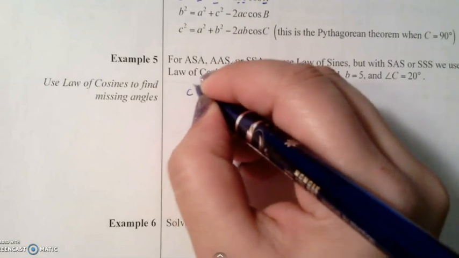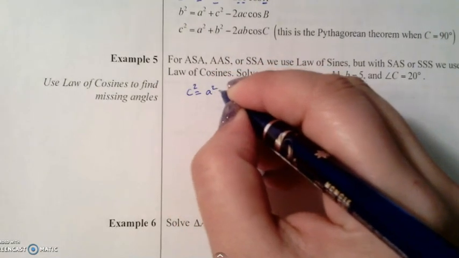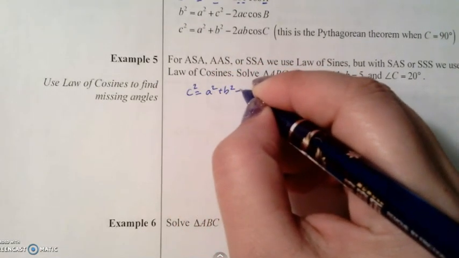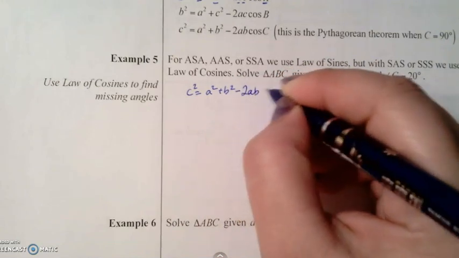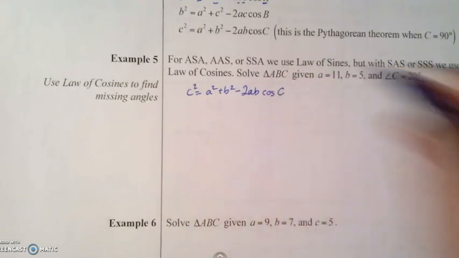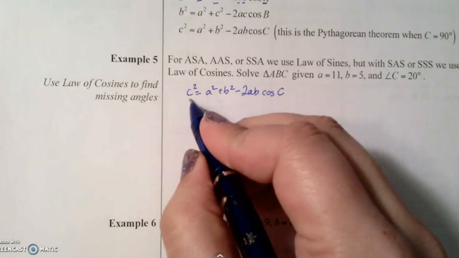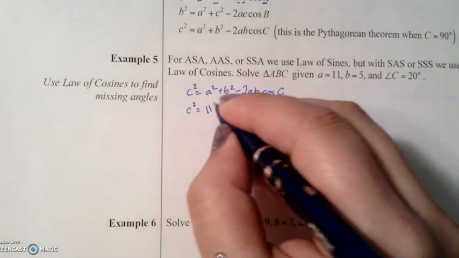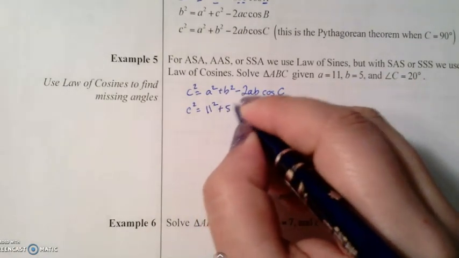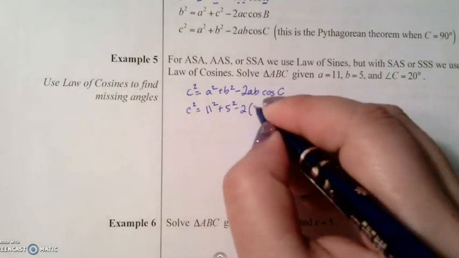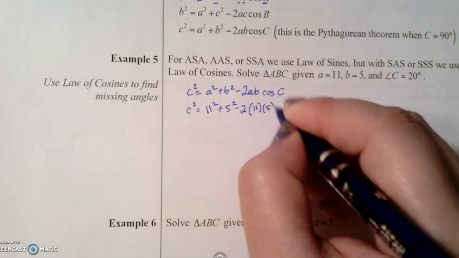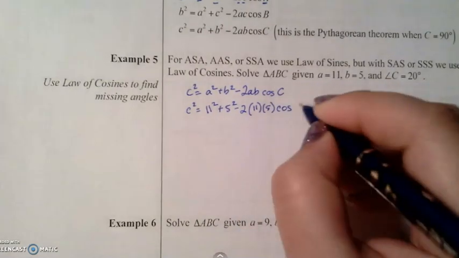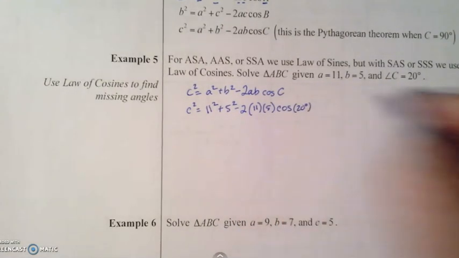So c squared equals a squared plus b squared minus 2ab times cosine of c. The side that we're looking for, c squared equals the sides that we know, 11 squared plus 5 squared minus 2 times what we know, 11 times 5 times cosine of 20 degrees.